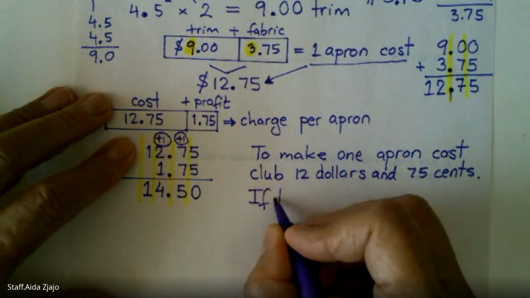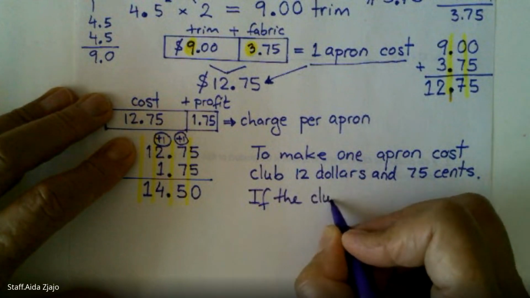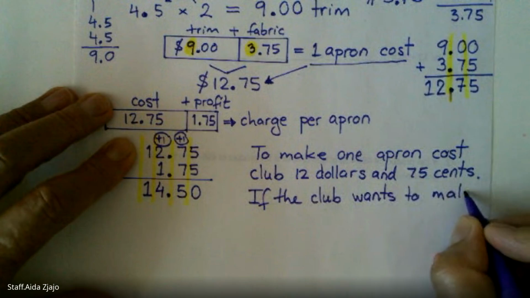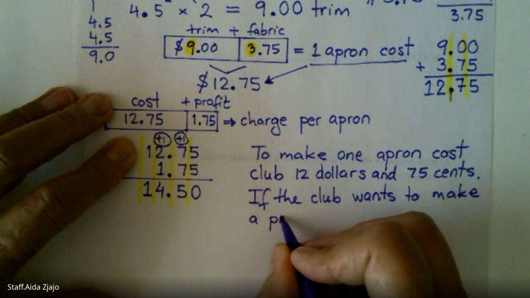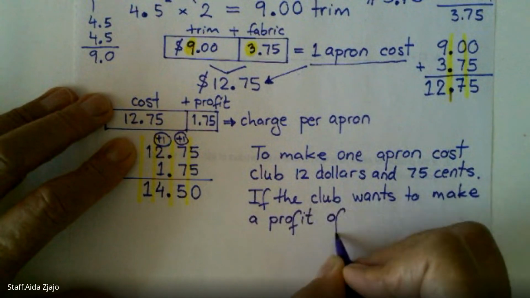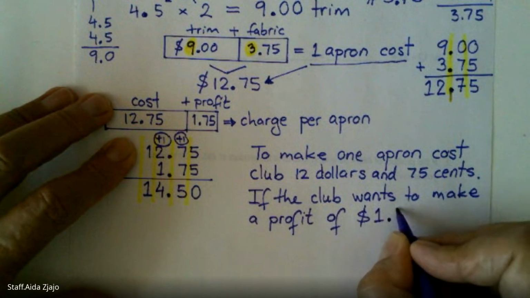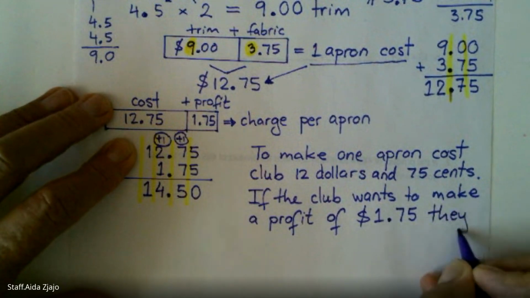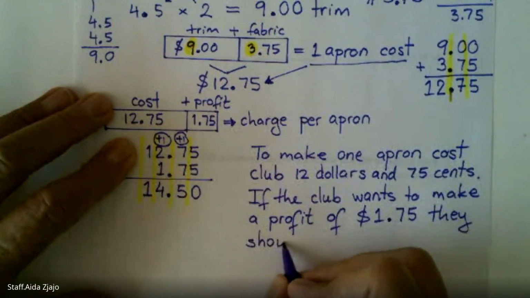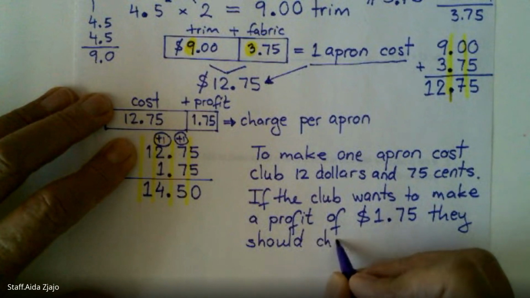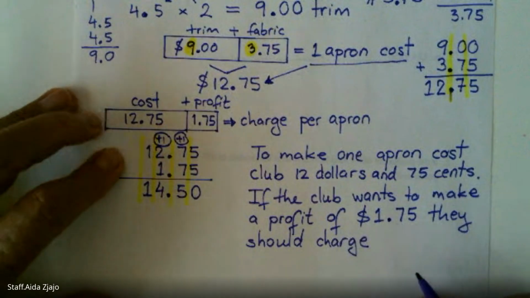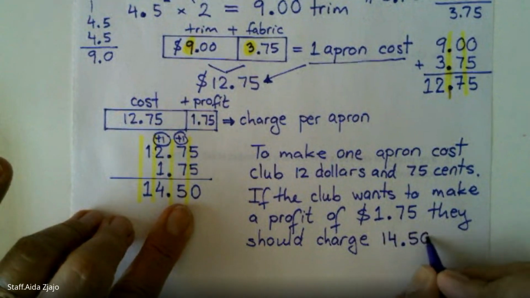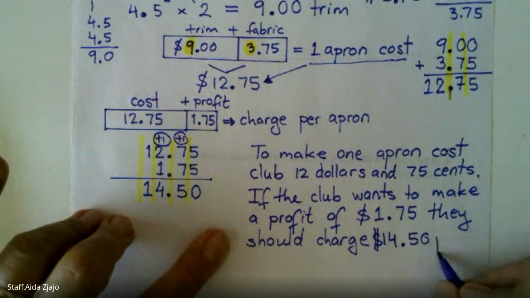If the club wants to make a profit of $1.75, they should charge $14.50 per apron.